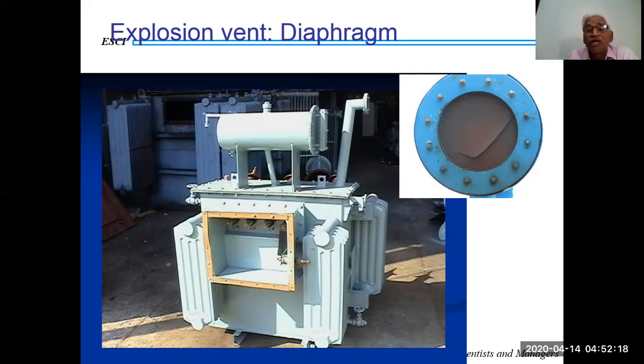So what is done in this particular case is the gas developed goes into this and punctures the diaphragm here, you can see, and a little oil and the gas comes out. So the transformer is safe, but the transformer has to be disconnected immediately.